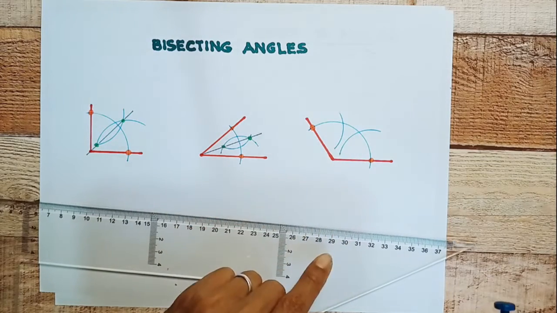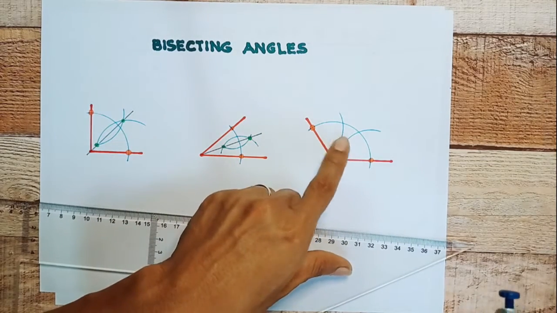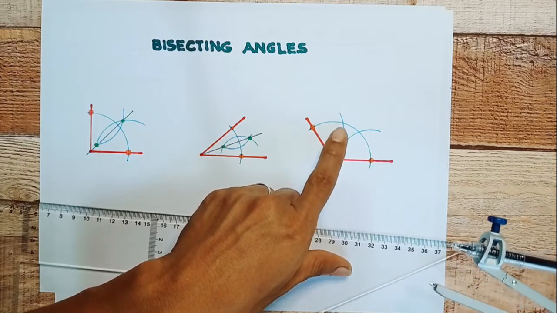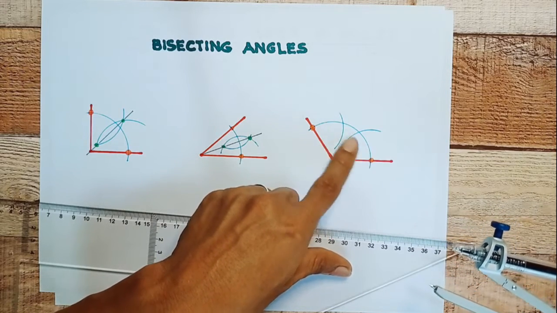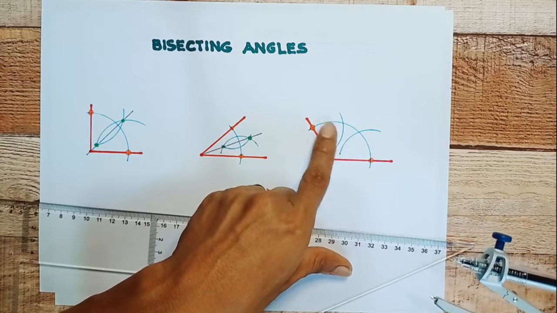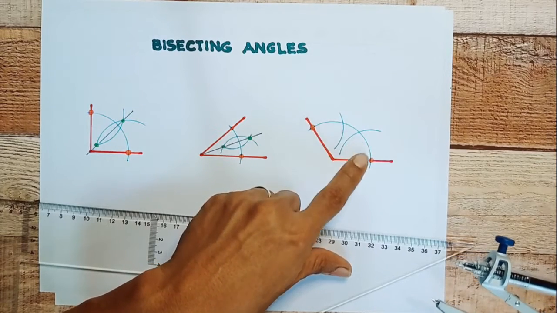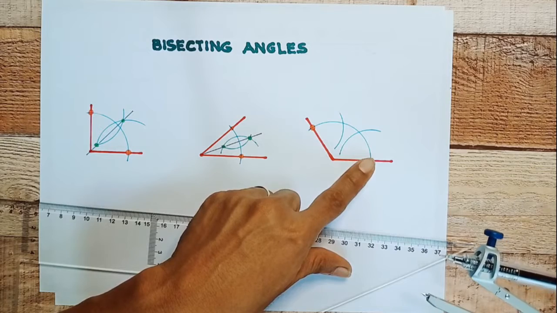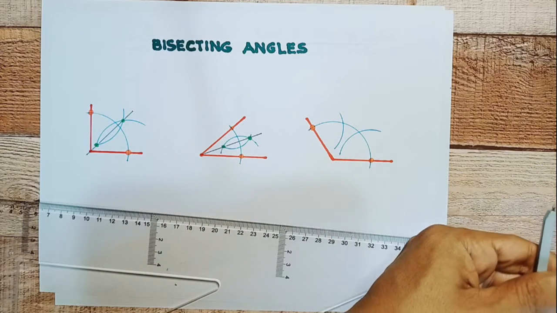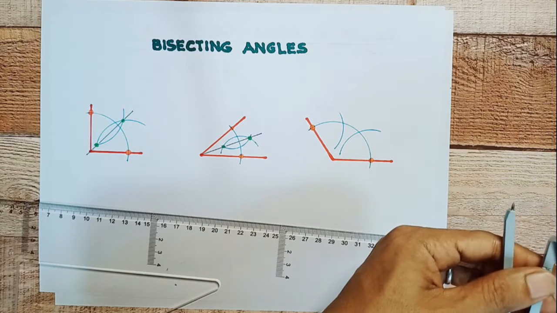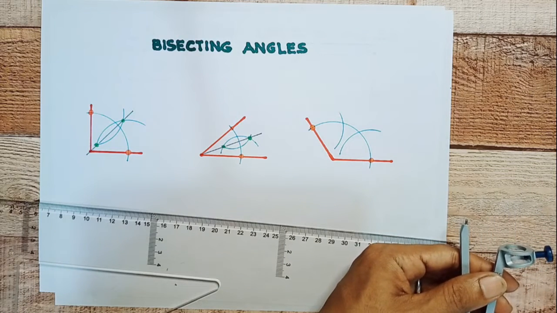So make sure, this is to show you, that when we draw our arc, it should be more than probably halfway of the arc that we did. Okay? So let me just change the tip just to show you.